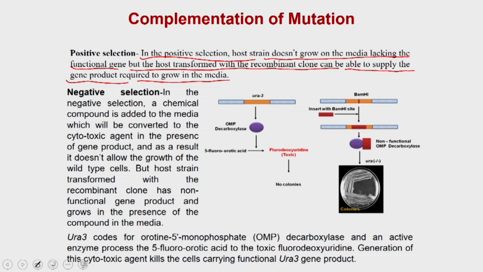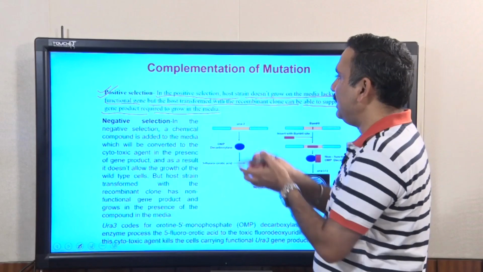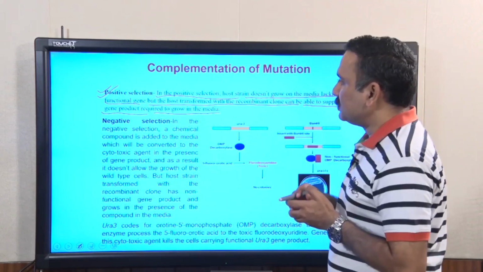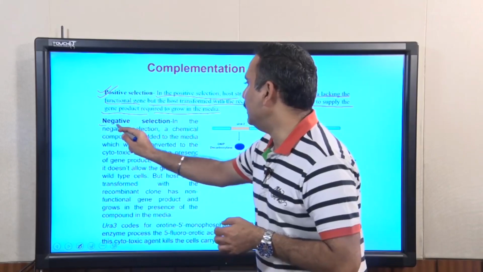So, this is called the positive selection, which means if your gene is present, the clone is going to grow on the media deficient in that particular nutrient. But the other approach is that you can have the negative selection.